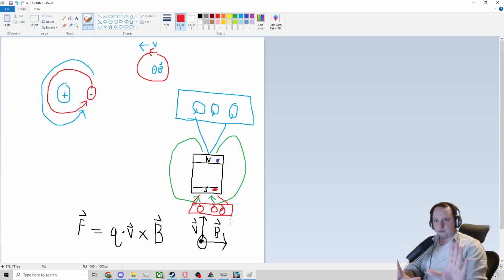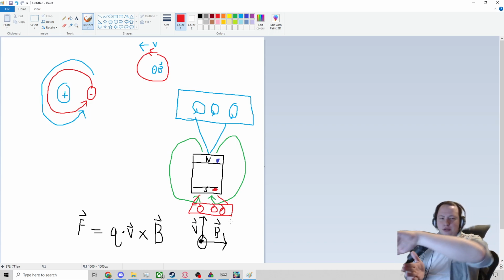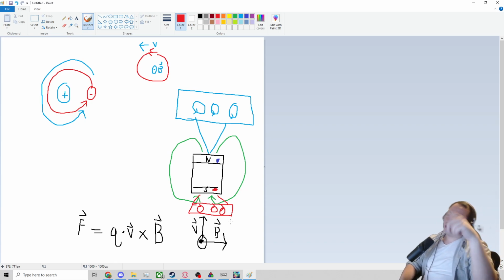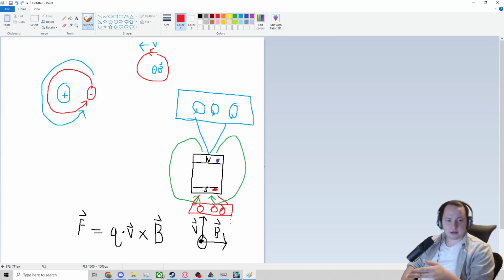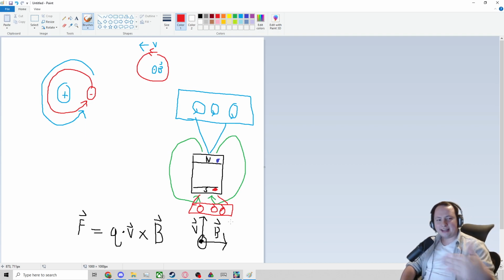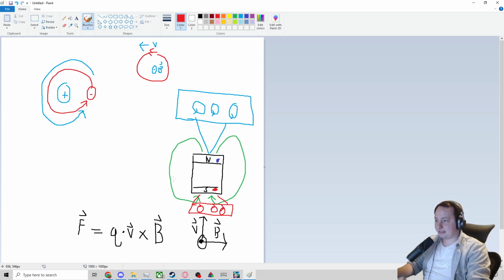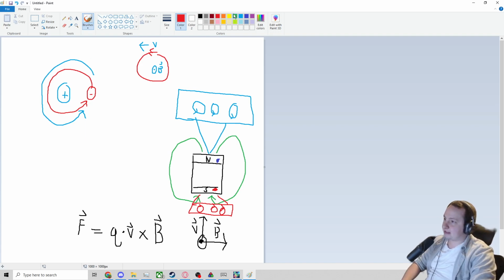You can think of it perspective-wise: if you were to rotate a little circle of current 180 degrees, it will still point the same direction, because the magnetic field is flipped, but so is the direction of the electron moving. So, like, negative times negative equals positive, both are up. All right, cool.